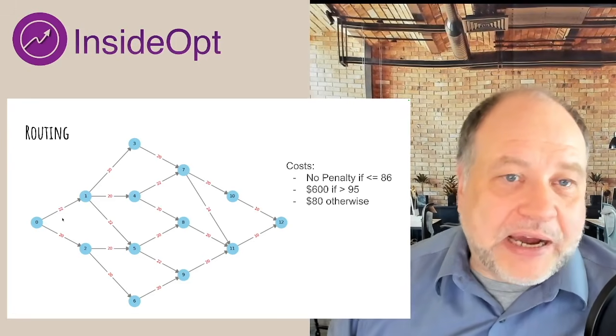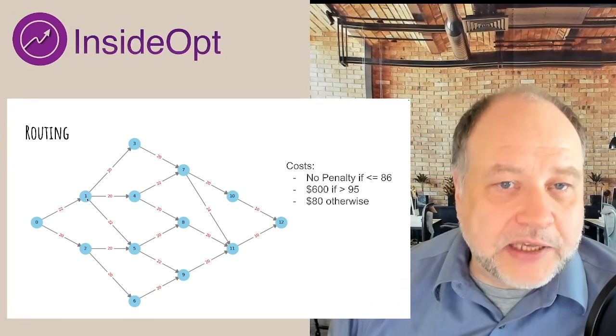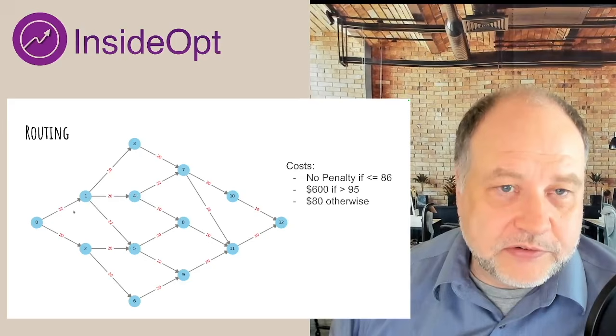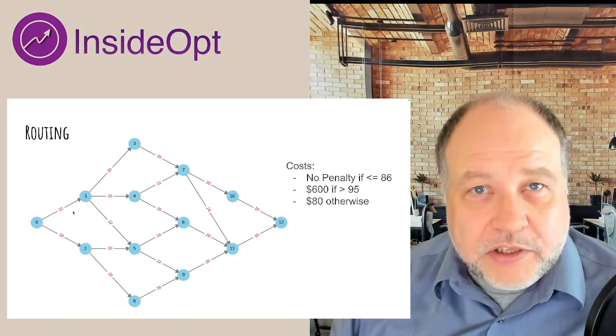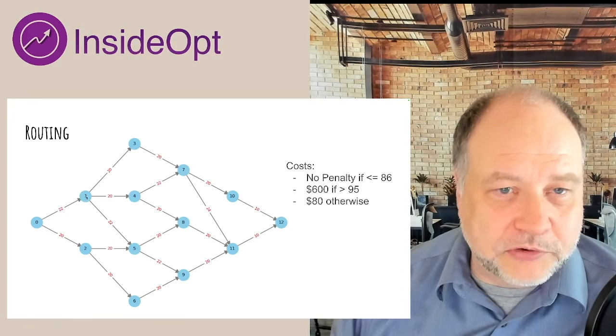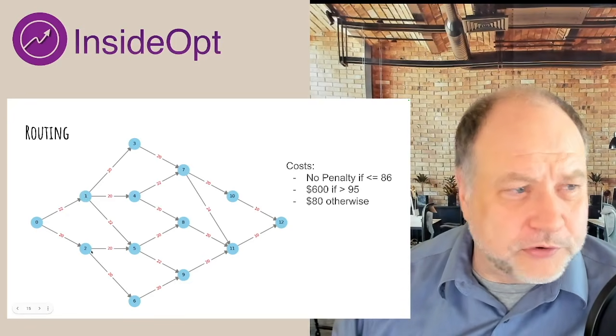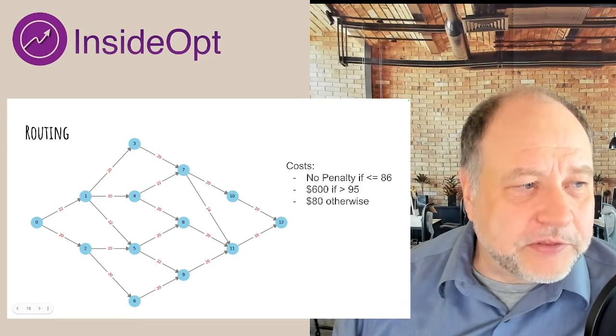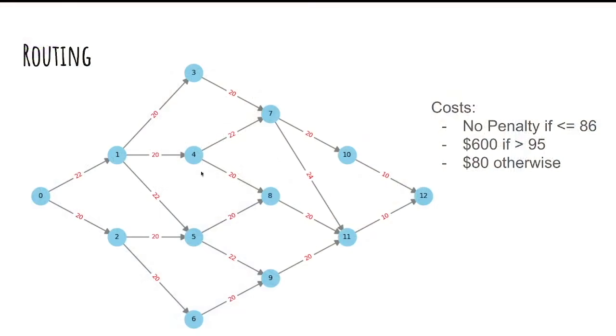Well, you have the estimates on how long it takes to go on each of these edges. But they're estimates. You don't know that it's really going to take you 22 minutes to get from 0 to 1 or 20 minutes to go from 0 to 2. Let me make this bigger for you so you can actually see this. So what would you be doing?